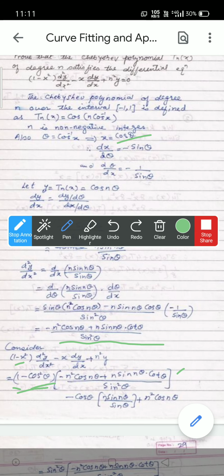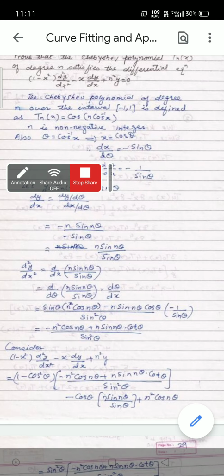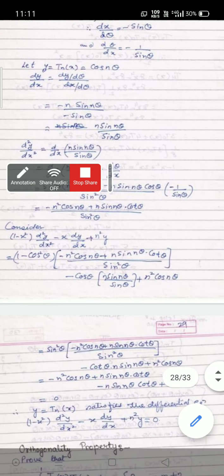Minus x, that is cos theta, dy by dx, this is dy by dx, and sin theta by sin theta, plus n square, and y is equal to cos of n theta. Substitute all these values.